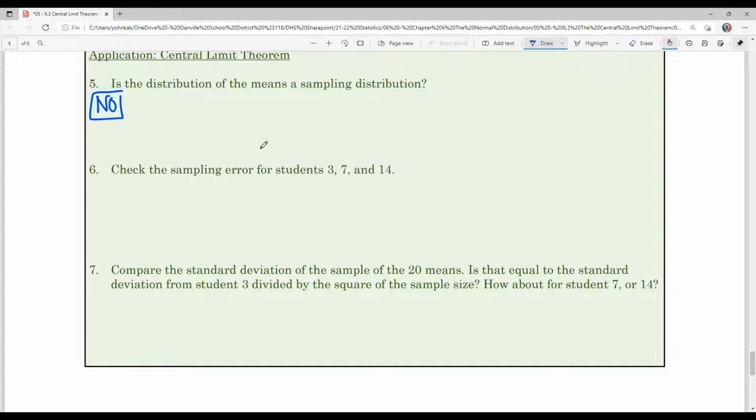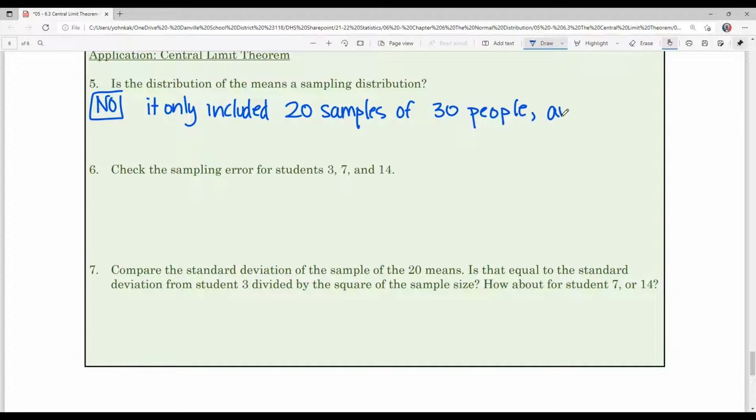So we're going to say no. It only included 20 samples of 30 people and not all samples of size 30.